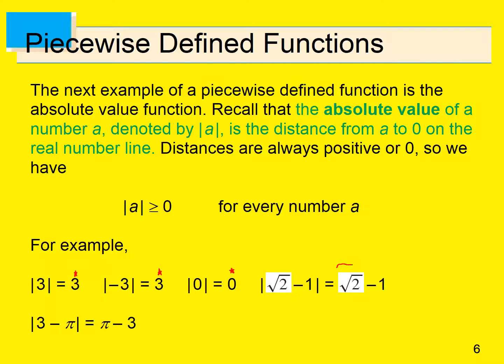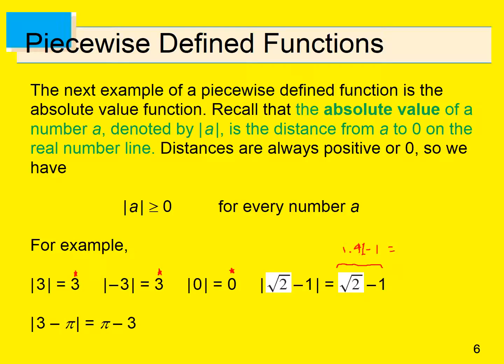This number is not negative, square root of 2 minus 1, because square root of 2 is approximately 1.41.